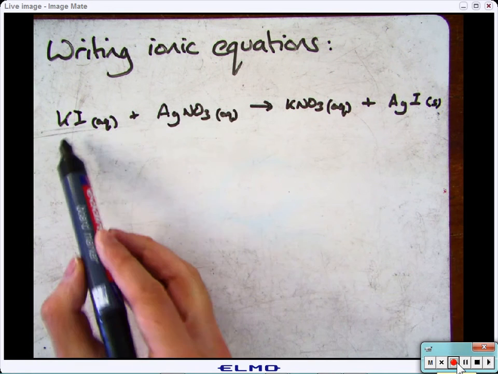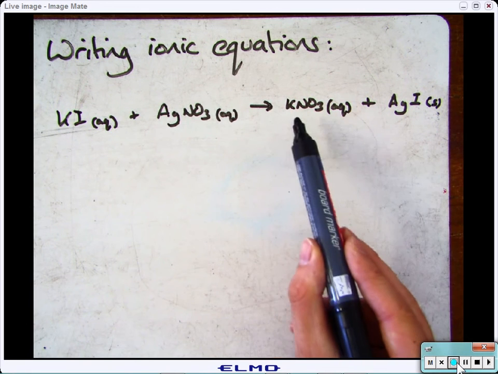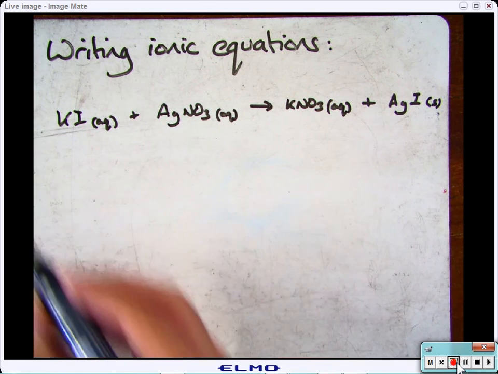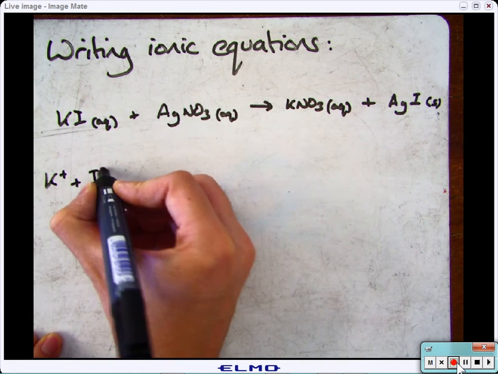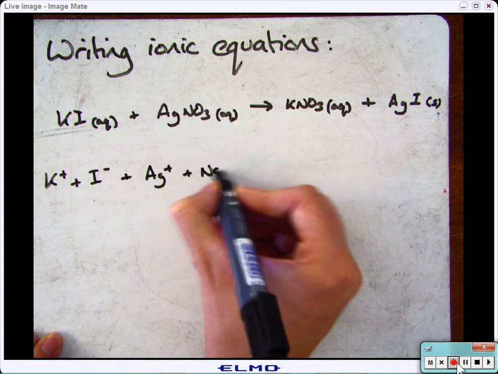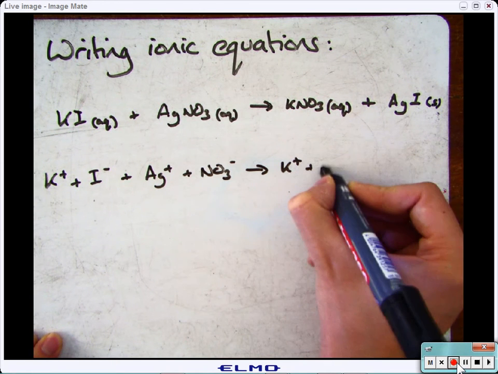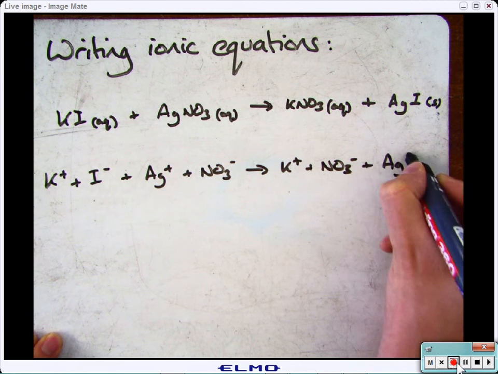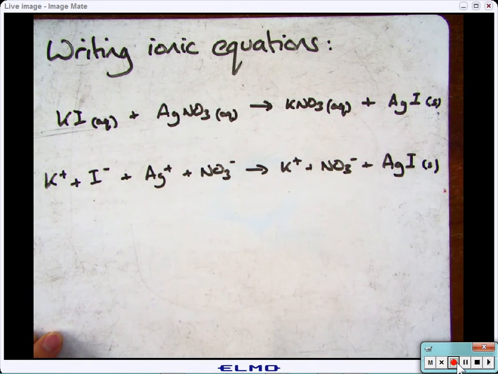So here's another example where potassium iodide is reacting with silver nitrate to make potassium nitrate and silver iodide. So the same thing occurs, you put the ions. And because that's a solid, it stays as a solid.